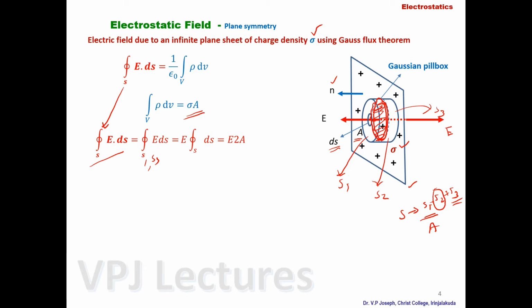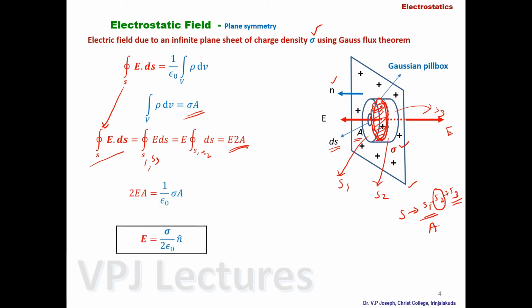So we are taking E outside, E into integral over S1 and S3 of ds, and that is nothing but 2 times A. So E into 2A is the expansion of the left hand side.